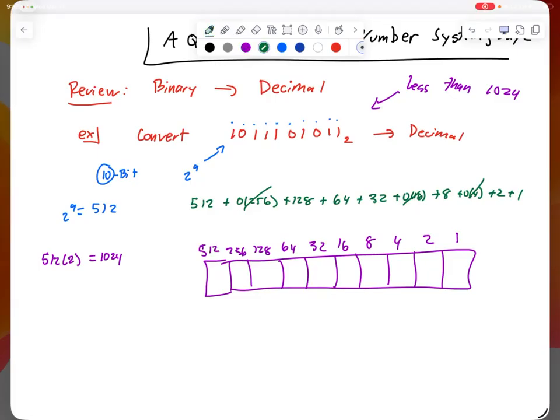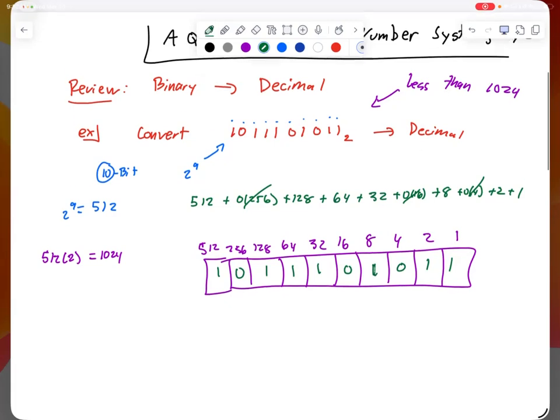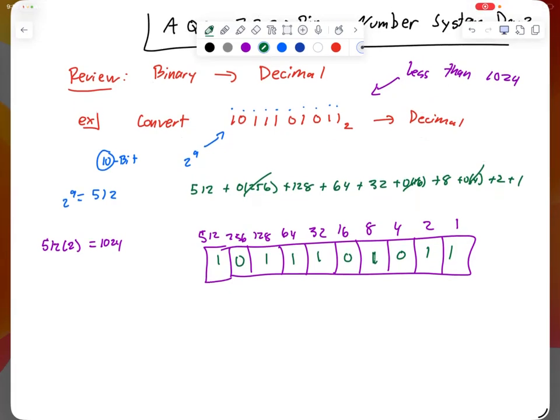And this number is 1011011011. This is how you saw it in your do now, and we practiced it. Each one of these gets us to here, and when we do this with our calculator, we get the answer of 747.